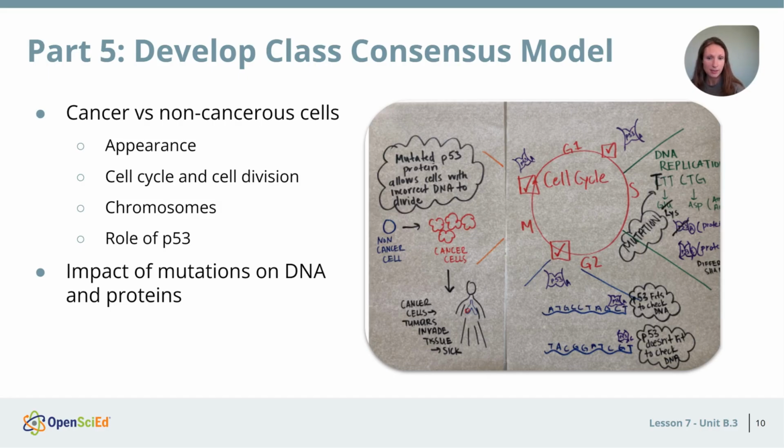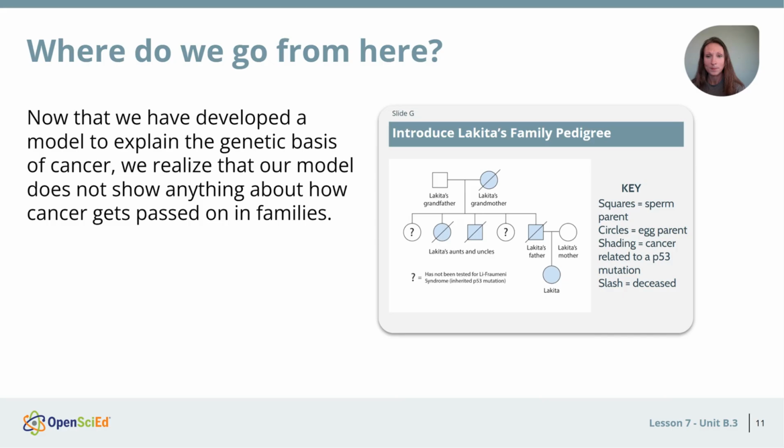Then we can use Lesson 6 to explain where these different p53 proteins come from, which can connect back to the DNA mutations to help students understand that while the p53 protein can correct mutations in DNA, the DNA in the gene for p53 can itself become mutated, which then can code for a p53 protein with a different shape that isn't able to correct these DNA mutations. Once we complete this class consensus model, students look back at their gotta have it checklist to make sure each idea is represented in the model.